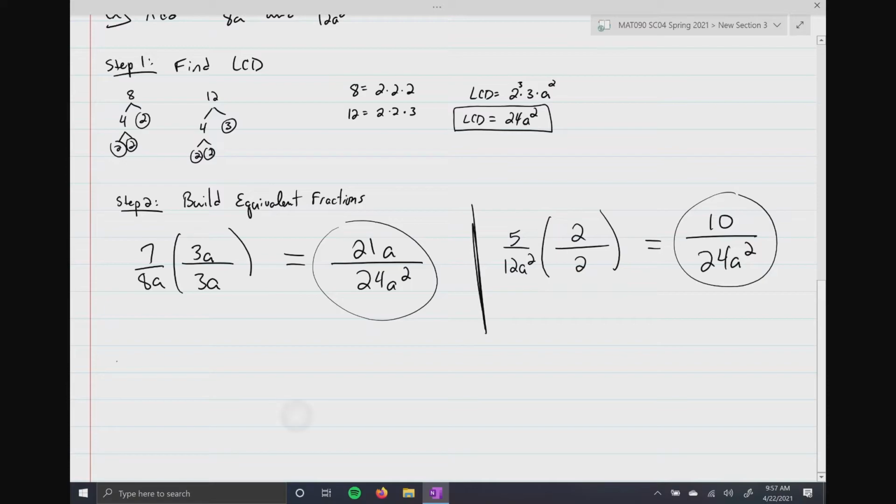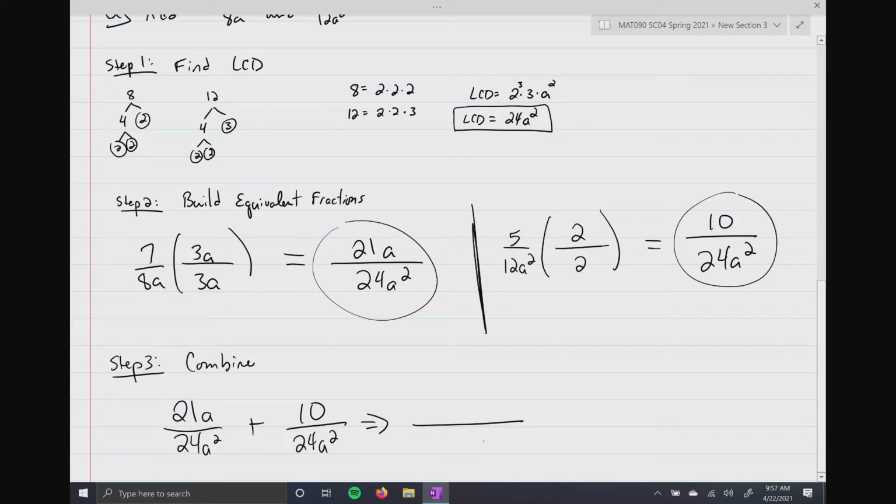So now step 3. All we need to do is combine. 21a over 24a to the second plus 10 over 24a to the second is going to equal, well, we know our denominators are now the same. So I write the denominator once, and I write the numerators out.